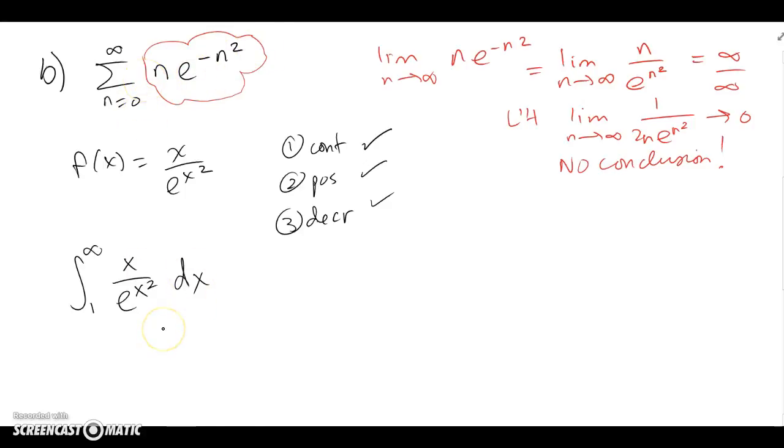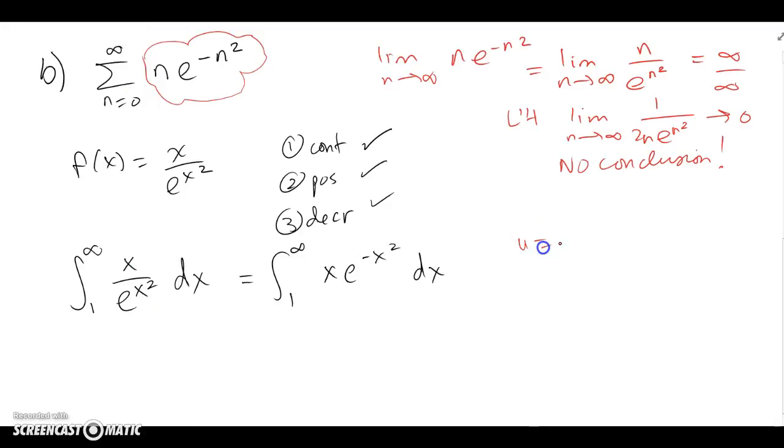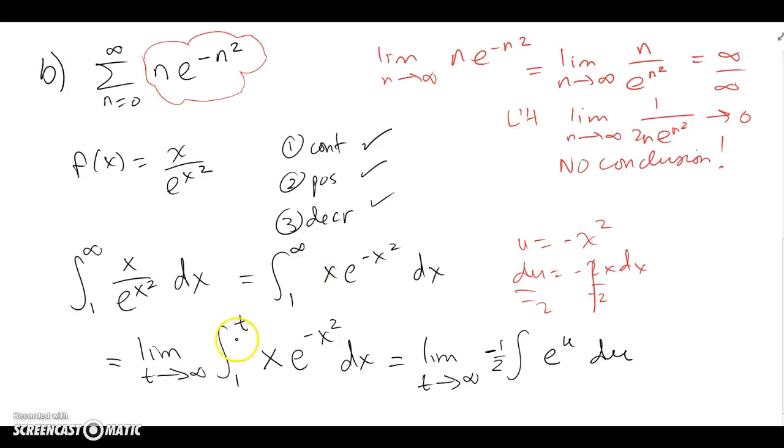So let's go analyze this integral. It looks like it's going to be a u sub. So u is negative x squared, du is negative 2x dx. We'll divide by negative 2 and replace the items in my integral. So I replaced my trouble point with t, and the limit as t goes to infinity of this integral.